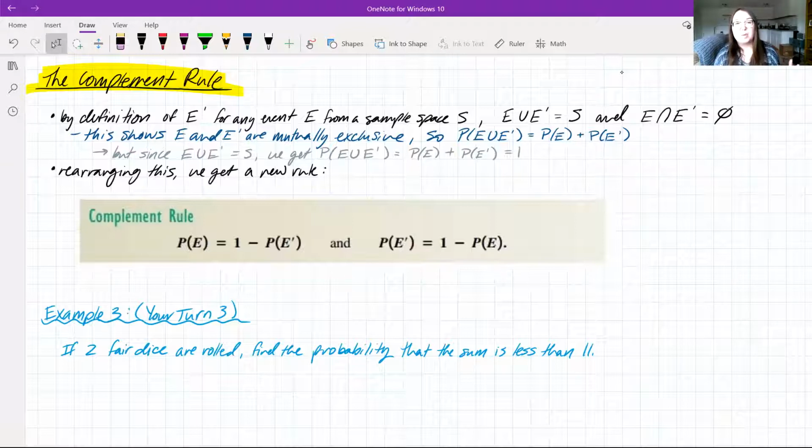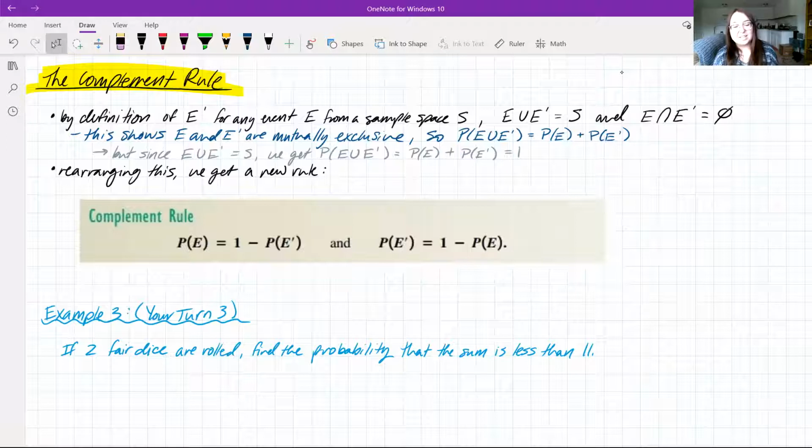If we want to find the probability of the union of E and E prime, we know that's the sample space, so the probability has to be equal to 1, or 100%. Same thing goes for E intersect E prime. If that's the empty set, that essentially means it has the probability of 0.